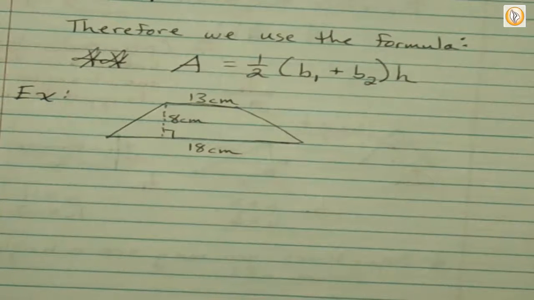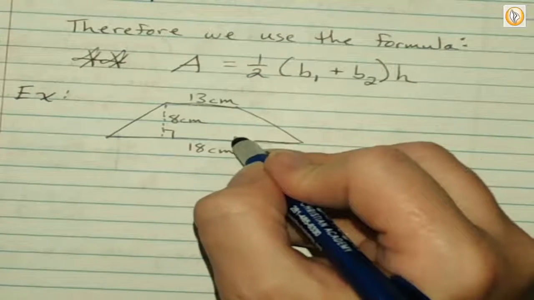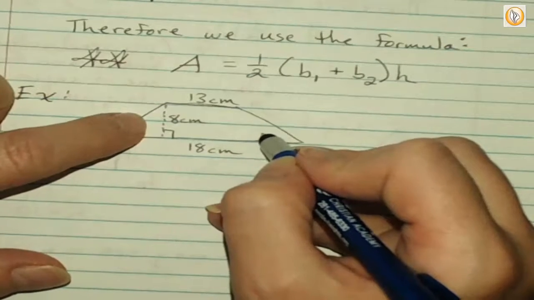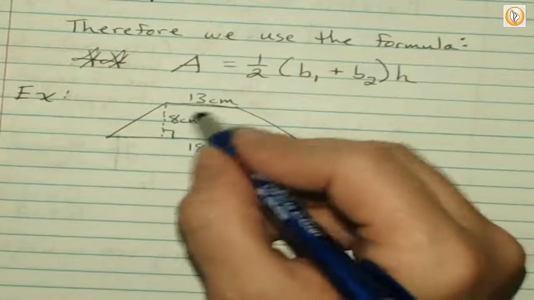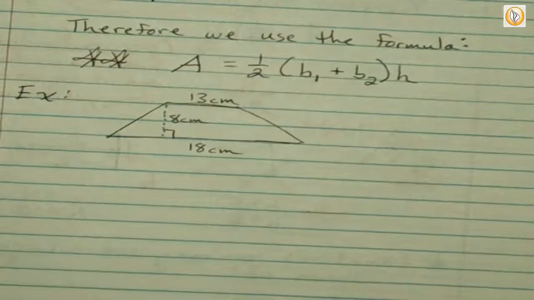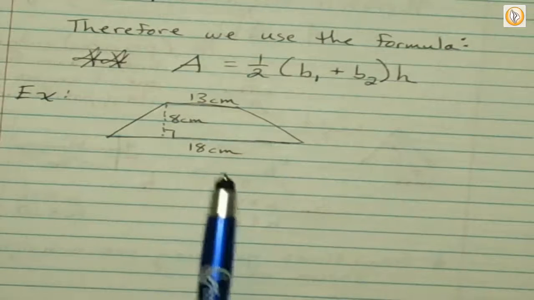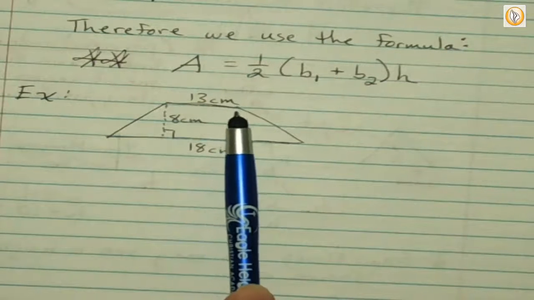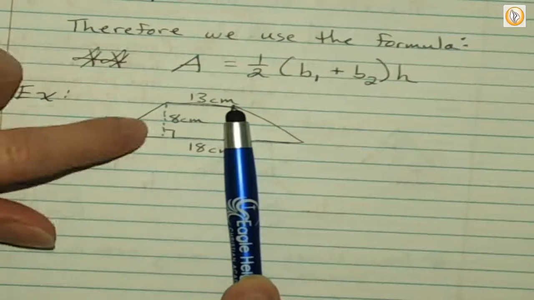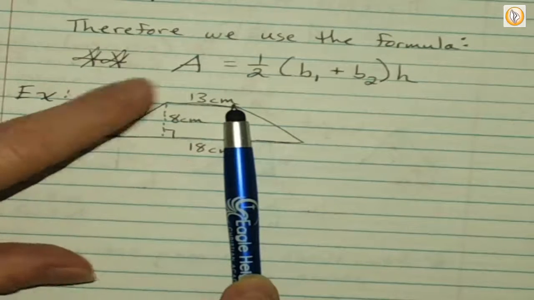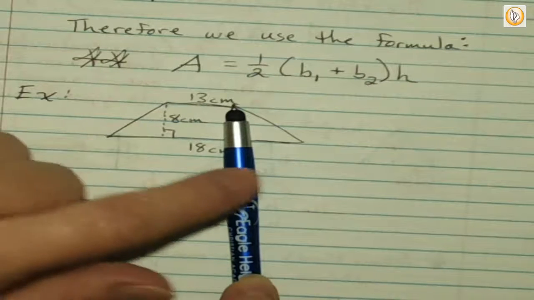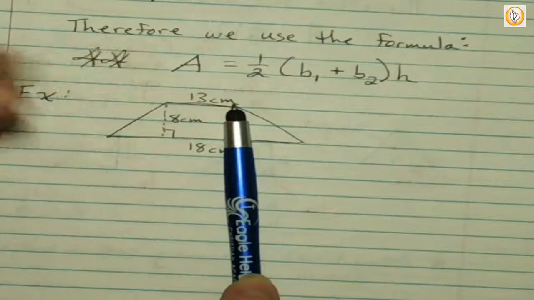Let's say I want to find the area of this whole trapezoid. You could even do the dotted line and have 2 triangles and then find the area of 2 triangles and then the square, right? If I were to dot this up right here, you would have 2 triangles and a square. So you could find the area of this triangle and this triangle and then the square and then just add them together.